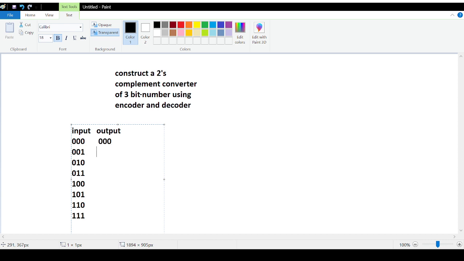What will be the 2's complement for this combination? 001. We keep the bits till we find 1. So 1 will stay the same and the rest will be turned to 1. So it's going to be 111. What will be for this? 110. For this it's going to be 101.